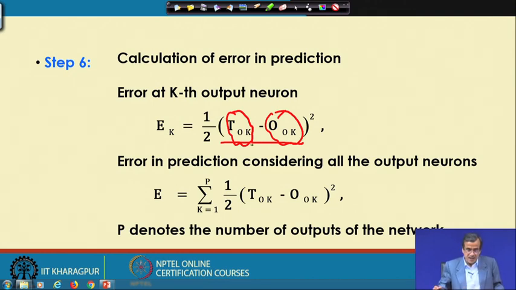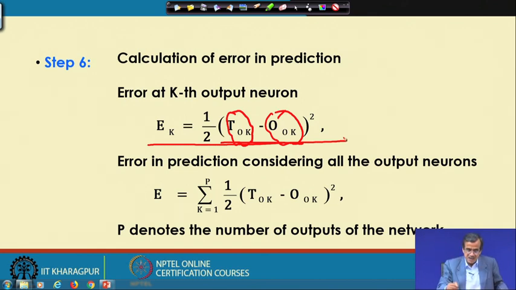Now, this error could be either positive or negative depending on which one is larger, and that is why, to make it positive, we are using the square term. So, we generally represent this error, that is E_k, as half multiplied by (T_Ok minus O_Ok) squared. This is the way we represent this error.